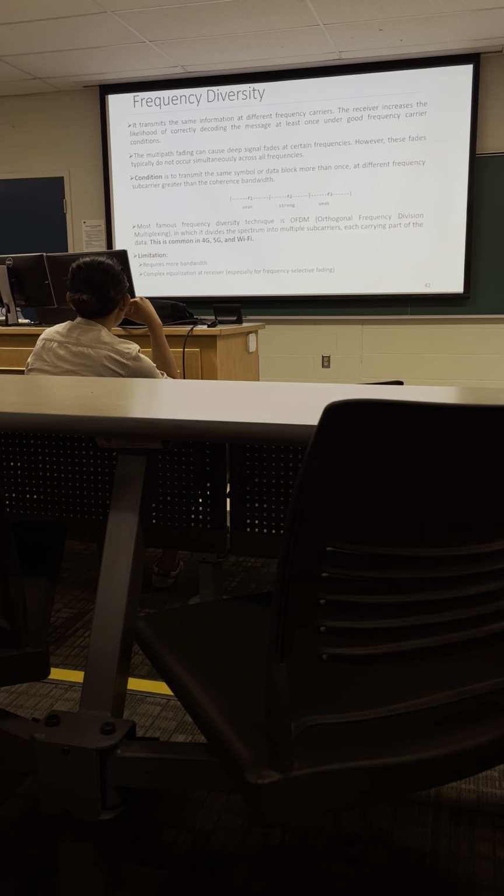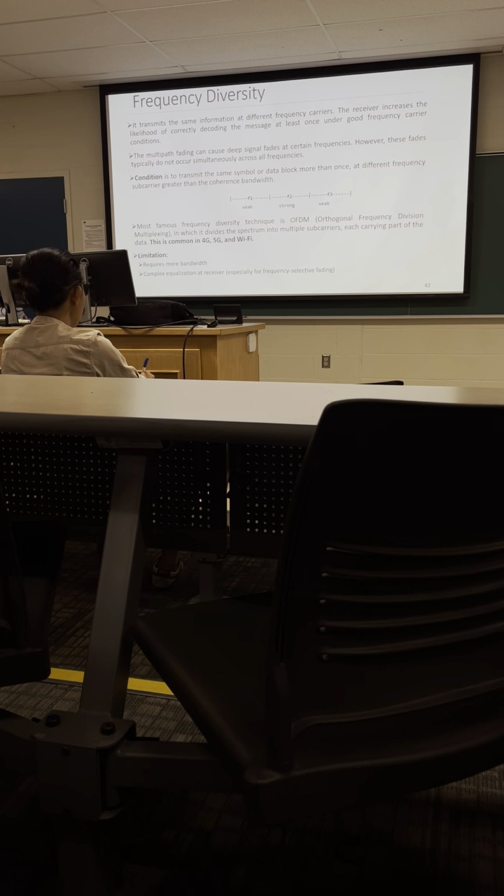How can we say that these subcarriers are independent? We need the separation between these subcarriers to be greater than the coherence bandwidth. According to the coherence bandwidth we defined last lecture, it is the frequency range over which the statistical behavior of the channel will be the same or flat, okay?